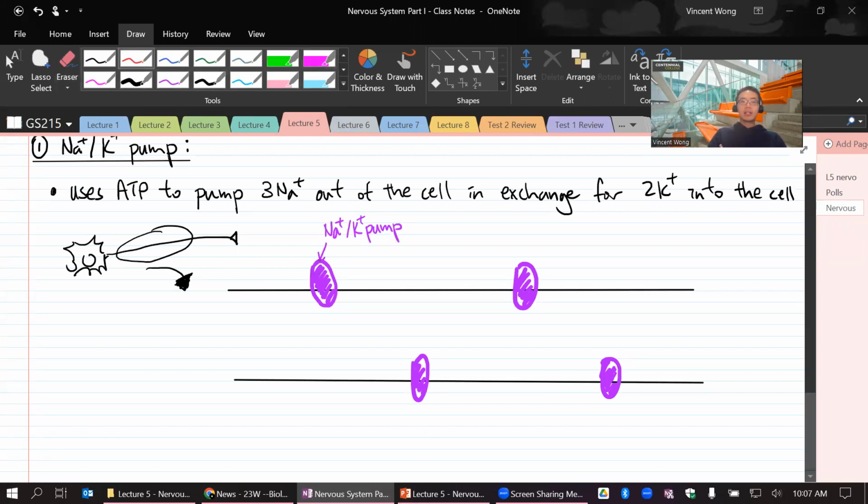Like we said, the job of the sodium-potassium pump is to pump out 3 sodium in exchange for 2 potassium.